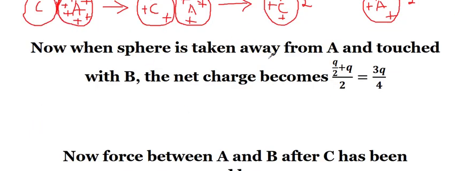So now when sphere C is taken away from A and then touched with B, the net charge becomes, so if this is now your sphere C, remember your sphere C has a charge Q on 2.